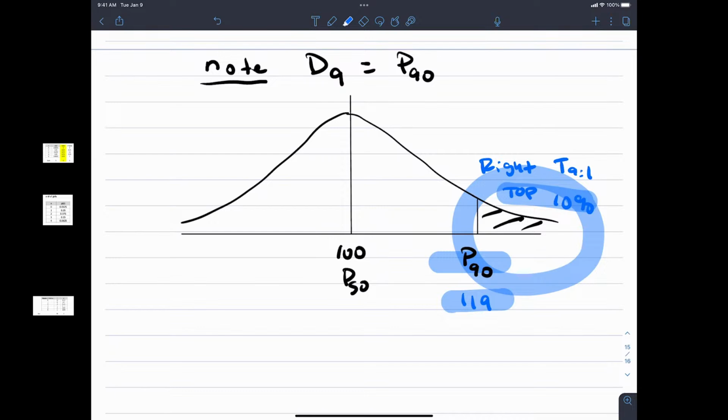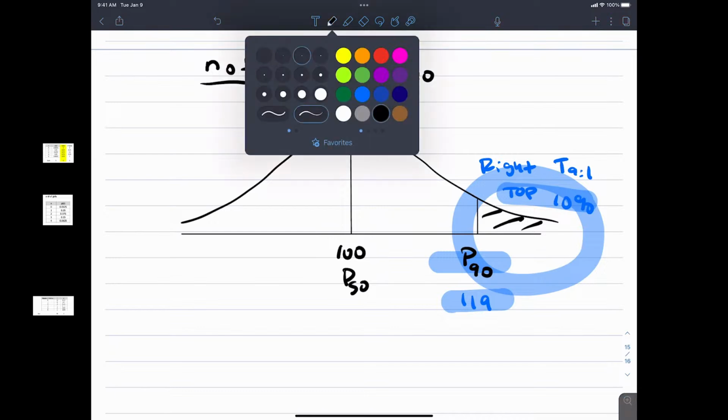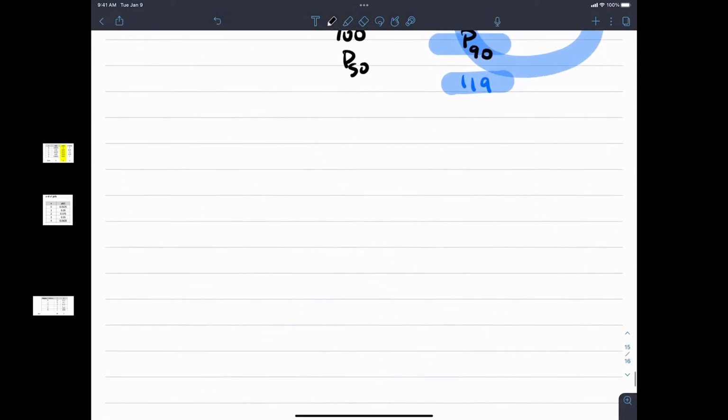Okay, this is top. Now you might say, hey, Mr. Judge, what about questions like this? The bottom 10%, the bottom 5%, and even the bottom 1%.